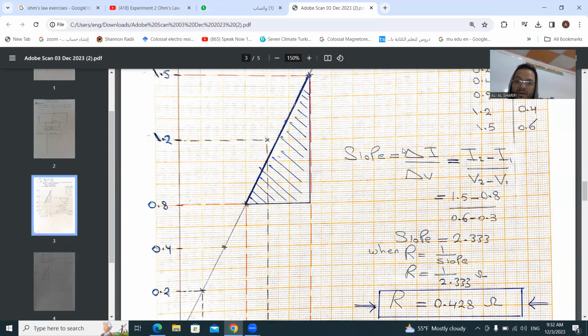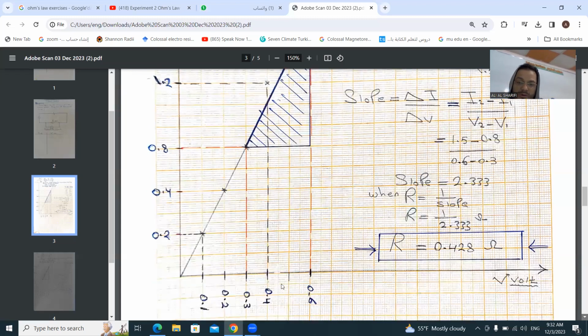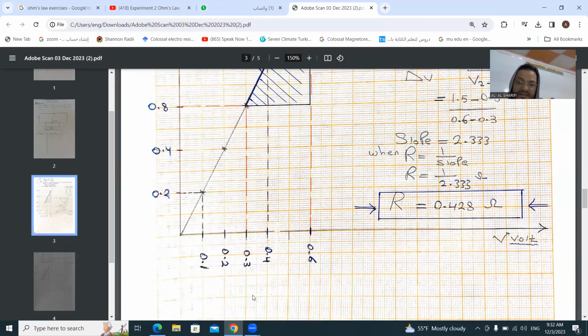Let's apply the slope equation, delta I divided by delta V, by that 1.5 minus 0.8 divided by 0.6 minus 0.3, to give the result equal to 2.333. Resistance equals the reverse of the slope, that means 1 divided by 2.333.